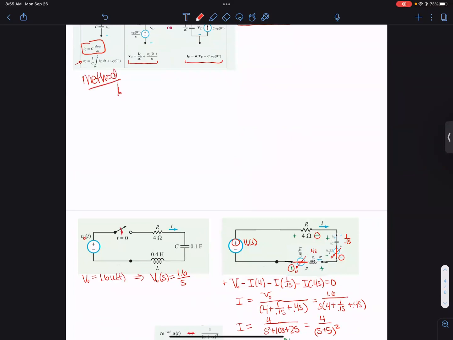What was the first step here? Transform your circuit, so transform into the S domain.